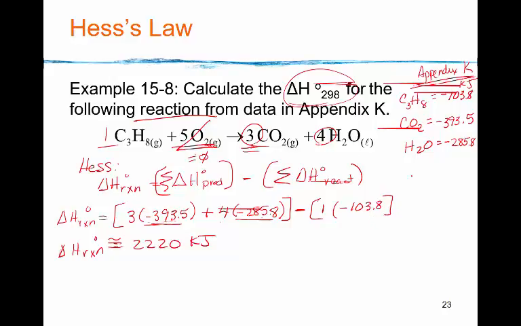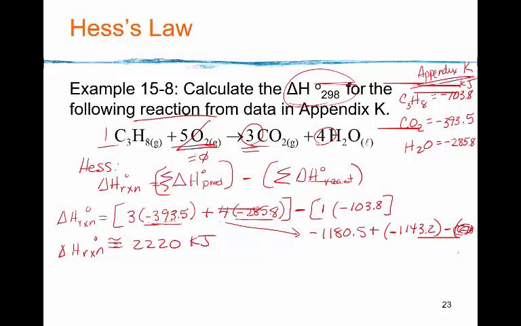Let me drop this down a little bit. The 3 times a minus 393.5 is a negative 1180.5, plus 4 times a negative 285.8 is a negative 1143.2, and then minus a negative 103.8.